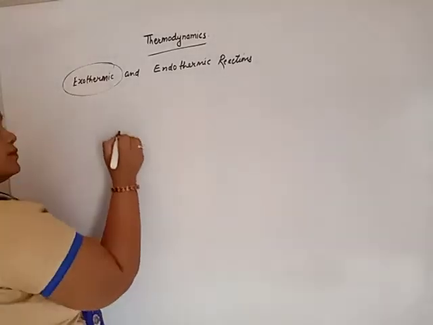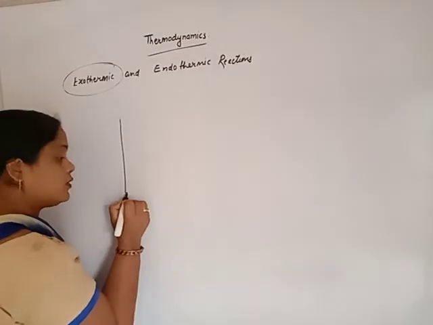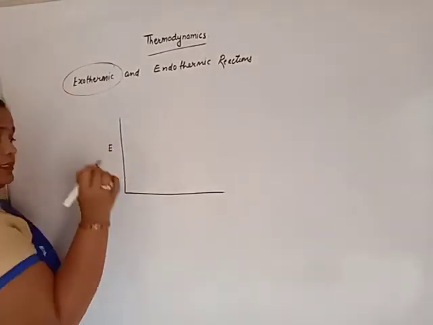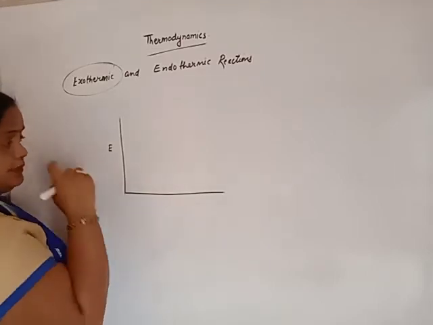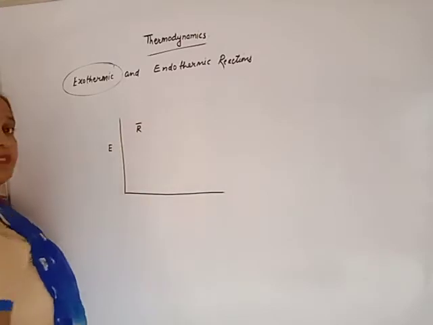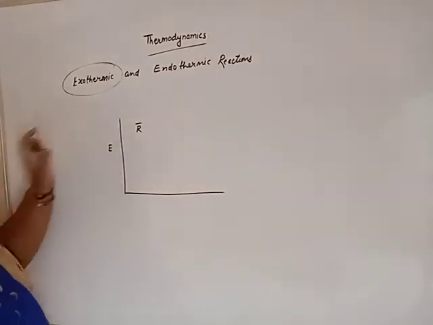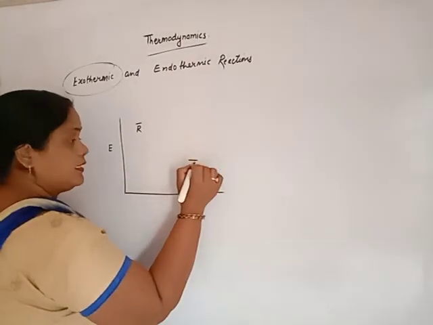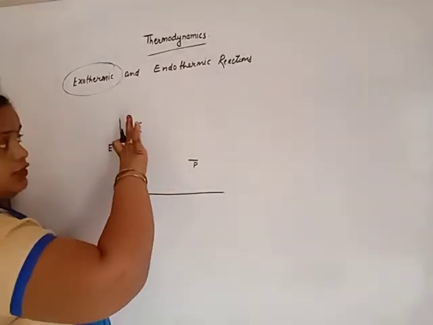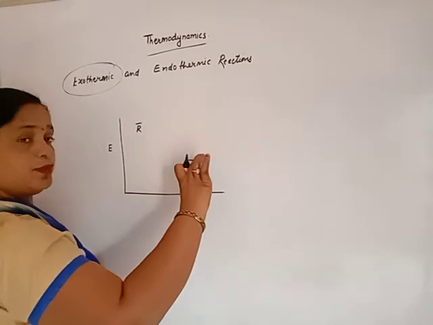That means if you want to draw the graph between energy versus components, suppose the energy of reactant is very high and the energy of product is small.